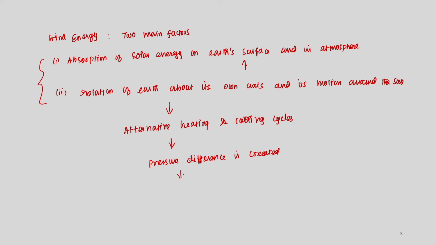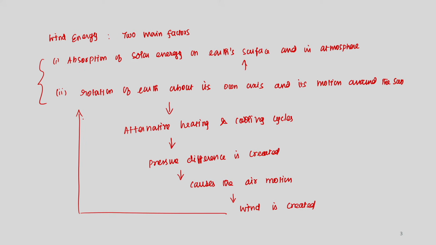This pressure difference causes the air motion, and that is the way wind is created. So, the ultimate source for wind energy is nothing but solar energy. That is what we discussed probably in the last lecture of solar energy utilization.